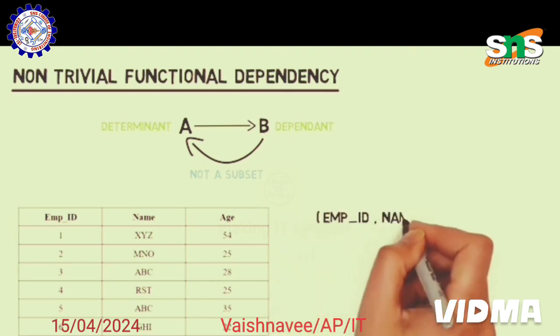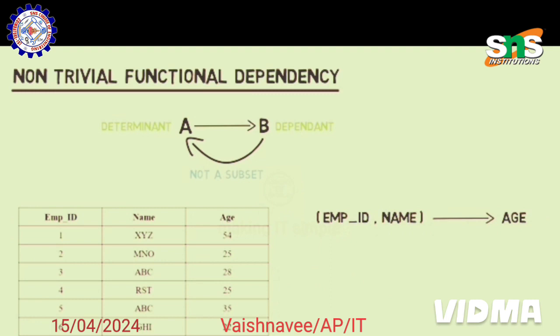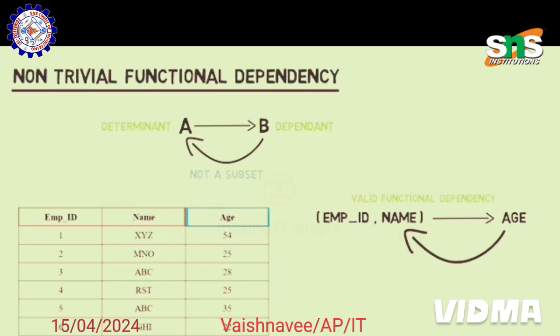Same employee table. Now let us take another functional dependency. Let us say employee ID and name determine age. We can determine age by using employee ID and name. So it is a valid functional dependency. Now if we observe the dependent, age is not a subset of determinant employee ID and name.